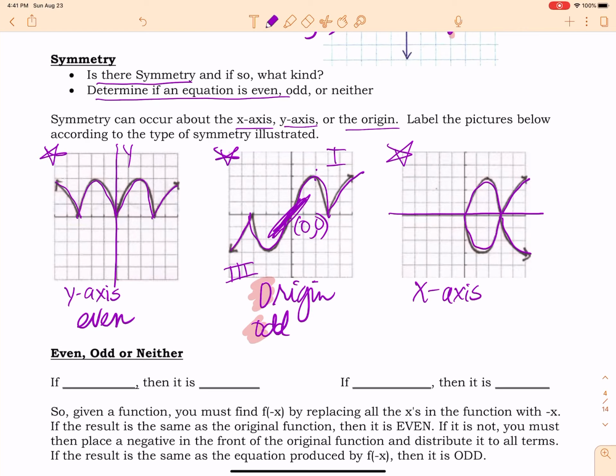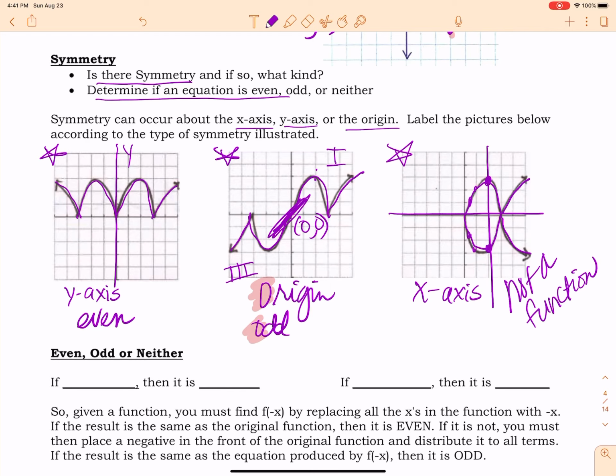So technically, the equation is not even or odd because look, it fails the vertical line test. All right, so we have repeated x values right here and here and here, all over the place. So this is not a function. That's why it is neither even nor odd.